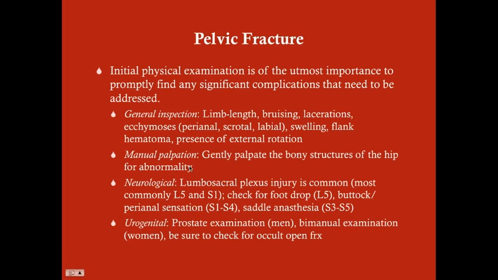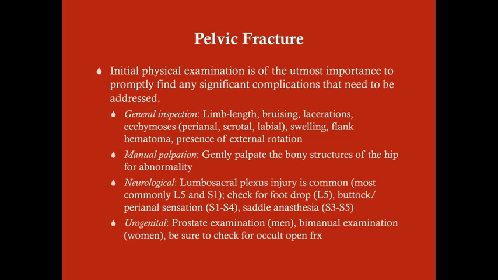When you do your manual palpation, which should be your next step, you want to just gently palpate the bony structures of the hip, and you're just checking for any kind of abnormality. You want to do this very gently, because if there is a fracture, which there often is, the arteries and veins are often in a very precarious position.